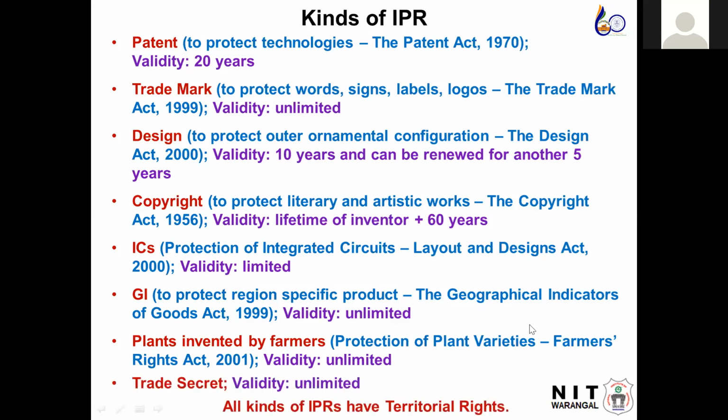So these are all. And then there is another type of thing called trade secret. Trade secret is the one where you see, for example, the color and the taste of Coca-Cola. You might have seen that there are many similar products in the market, but the exact copy of that is never revealed.